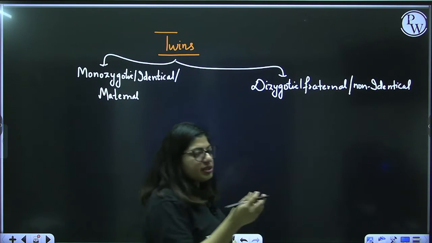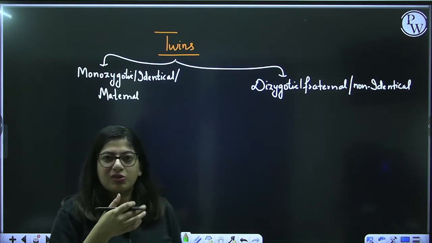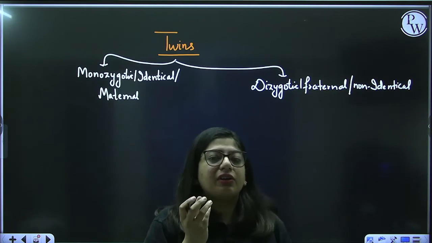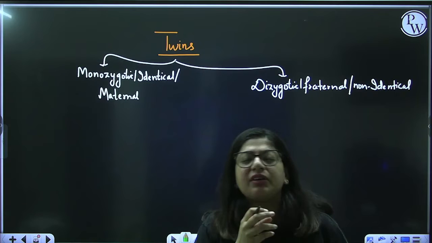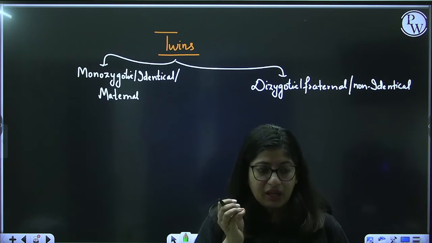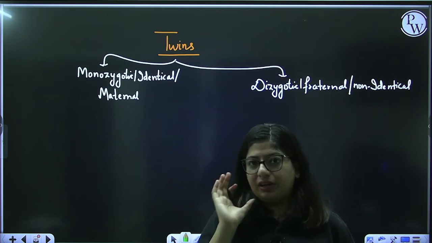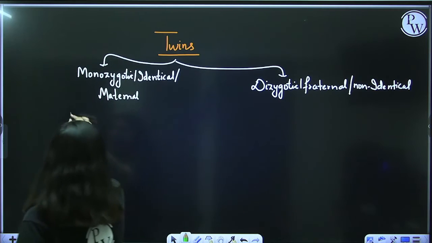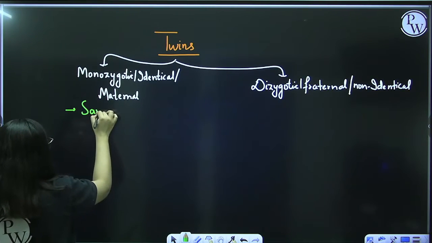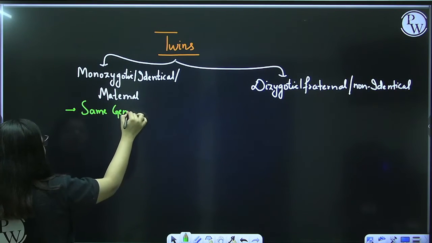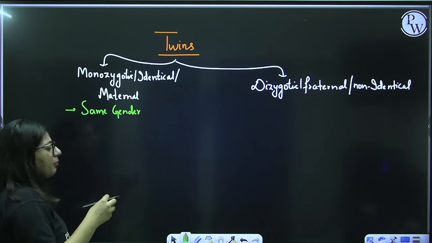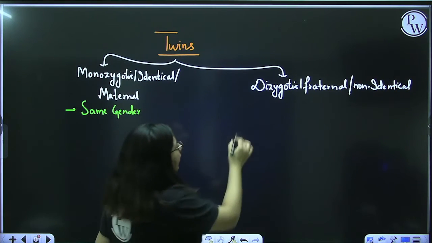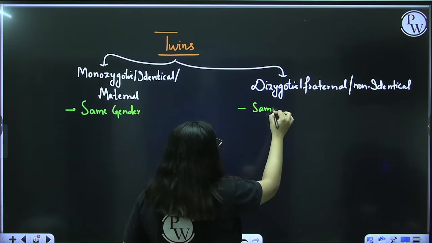You just can't say, oh, are they different, same or whatsoever, right? So those are identical twins, they appear same, and you will see one pattern in identical twins. They are always of same gender. Identical twins will always be of same gender. Either they will be two female borns, or they will be two male borns. Fraternal twins can be same or different gender.